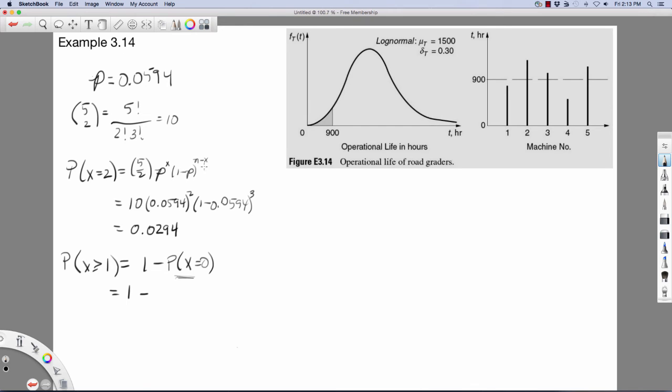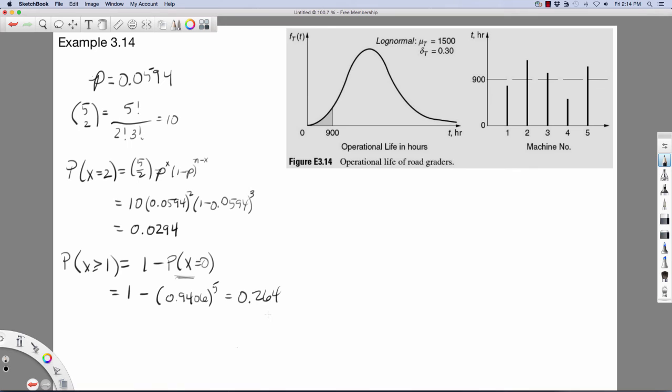And this simply boils down to 1 minus the probability raised to the 5th power. So this is 0.9406 raised to the 5th power, which, when we crank that out, is 26.4.